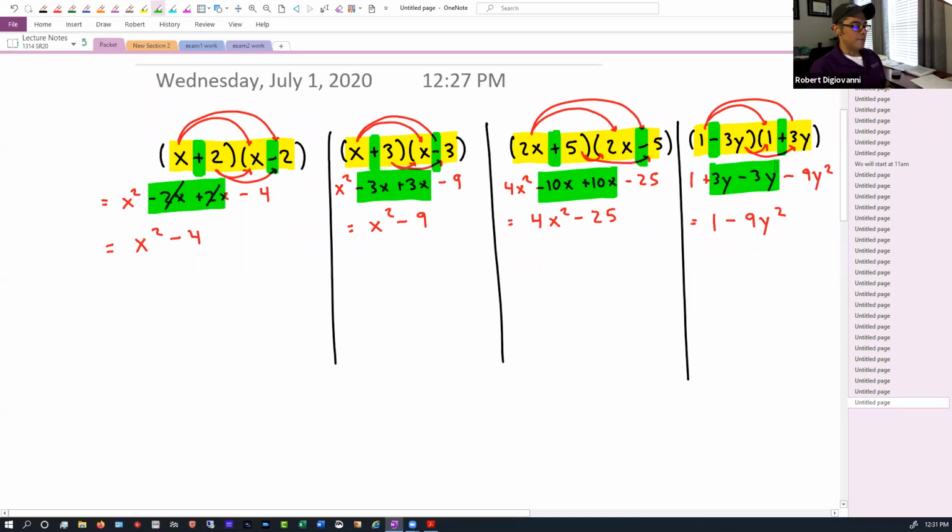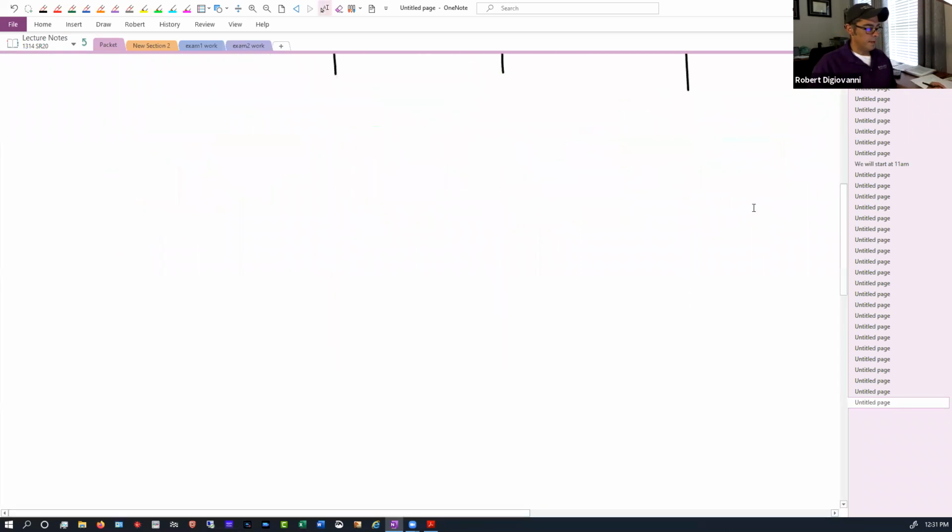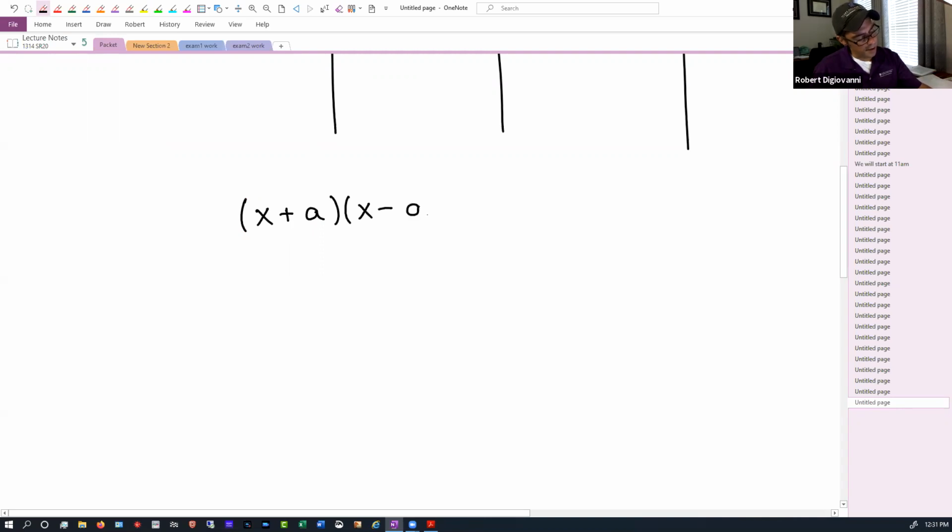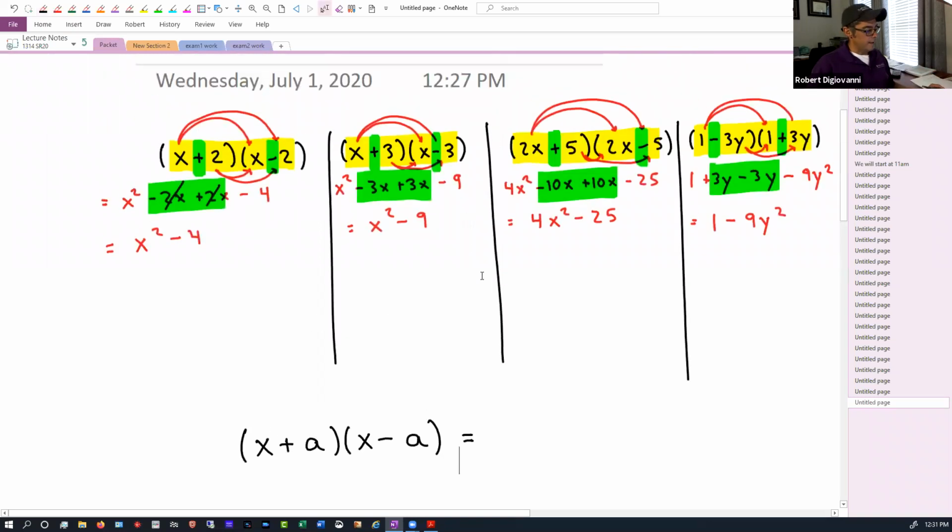That always happens. So anytime that you have an expression where you have, let's say, x plus some number, I'll call it a, and then you have x minus that same number a, you can always be guaranteed that when you FOIL this, you will get, let's see, what do we get?